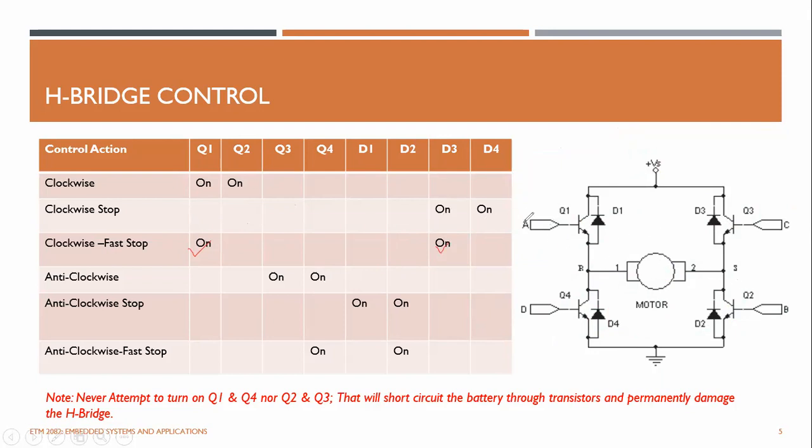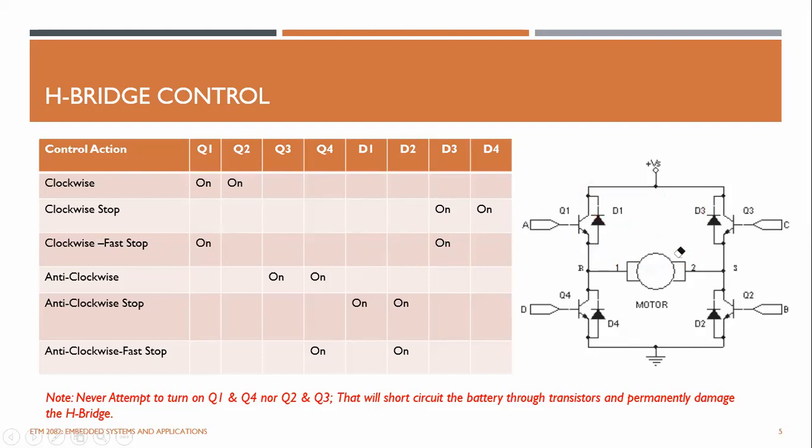So when you turn on Q1, this transistor is turned on, and D3 is on, so the current can go through this path and return back to here, right? So you are short circuiting the motor terminal, so that will discharge the magnetic field quickly and helps to stop the motor fast.